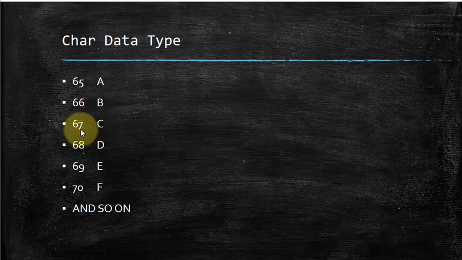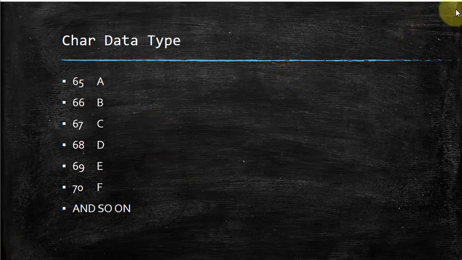For 67 it corresponds C letter, and so on. The most commonly used method for encoding characters is ASCII, which stands for American Standard Code for Information Interchange. Character data type occupies 8 bits of memory. The value assigned can be one character enclosed in single quotes or a number.